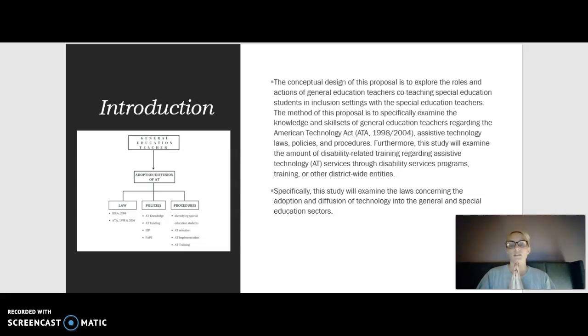These tools, if they are selected for use, have to be written in the special education student's individualized education plan, which is an IEP. Every special education student has one.